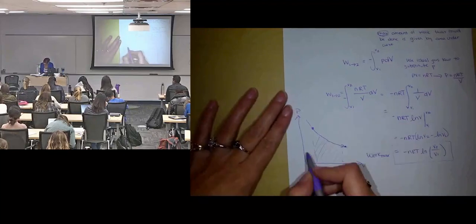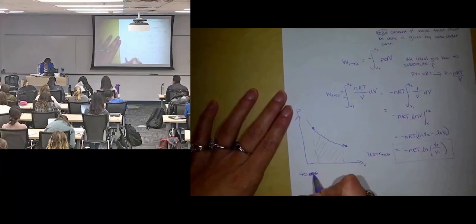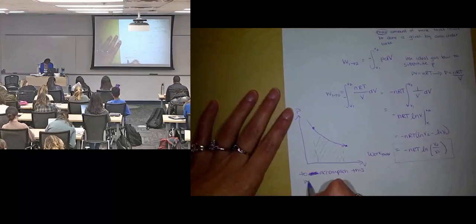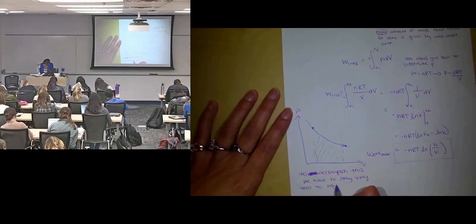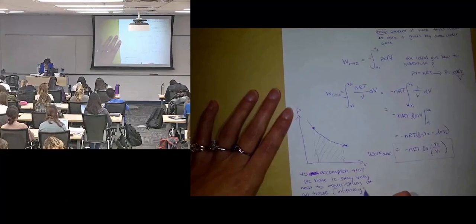So to have this sort of maximum amount of work, to accomplish max work, we have to stay very near to equilibrium at all times. And so this is infinitely slow. And also impossible.